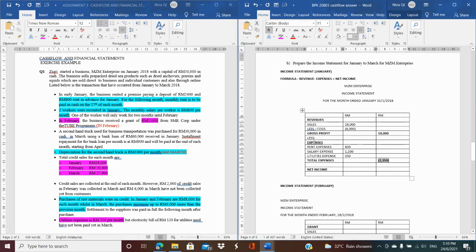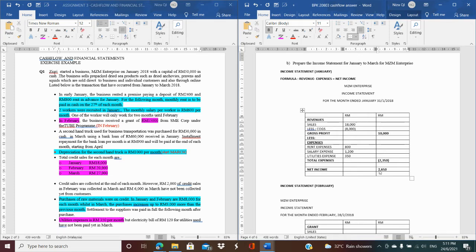So revenues less expenses. Look here, it must be less. So 10,000 minus 2,350. So the income will be 7,650. Am I correct?